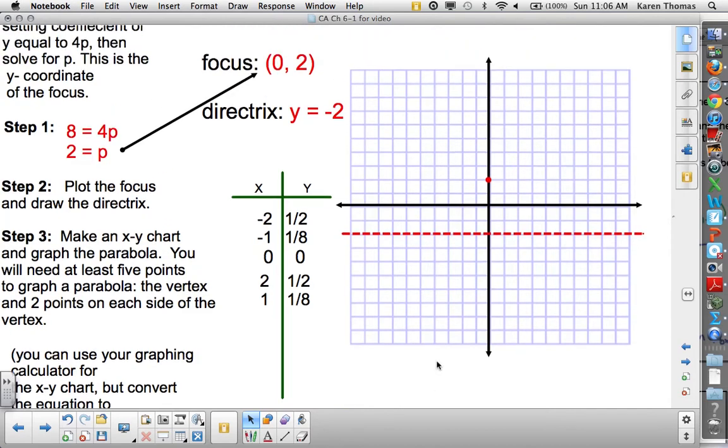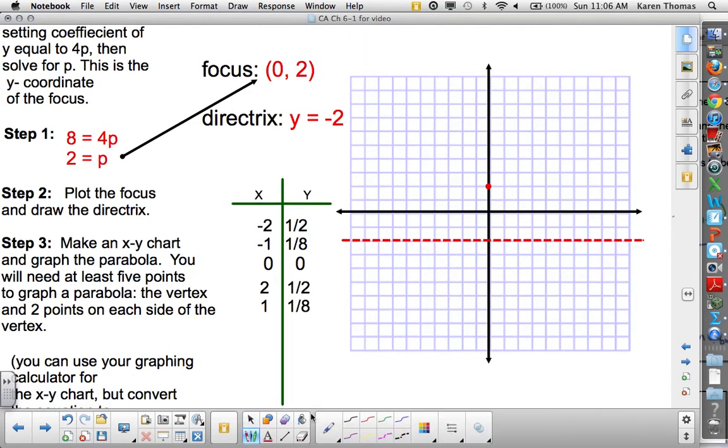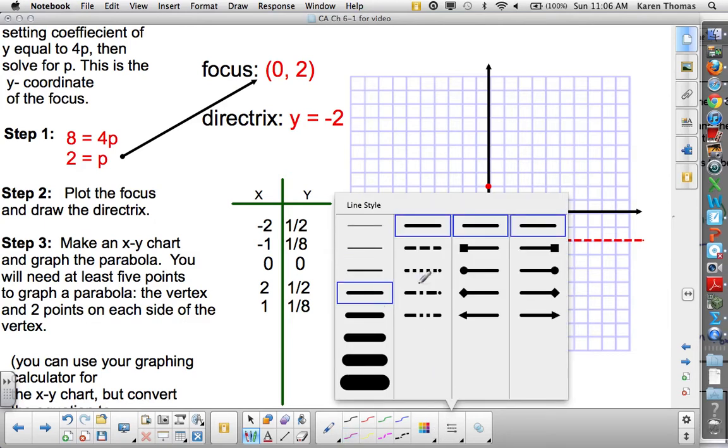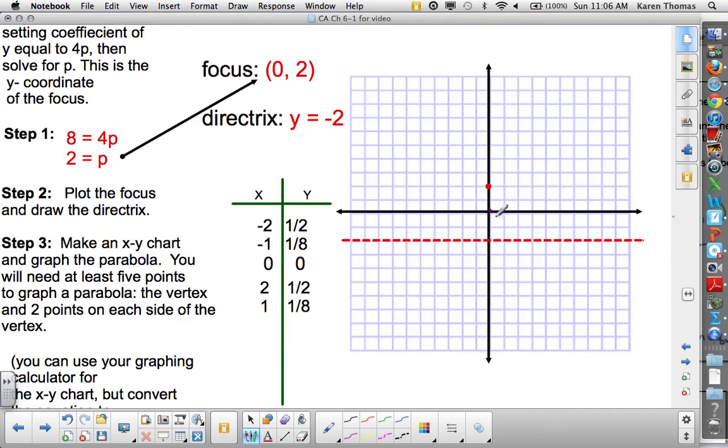I now have some points to graph, so let's graph these. I'll use purple. I have (0, 0), which I'm plotting. I think I'll make these nice and big. So I have (0, 0). At -1, I'm only going up a tiny little bit, to 1/8.